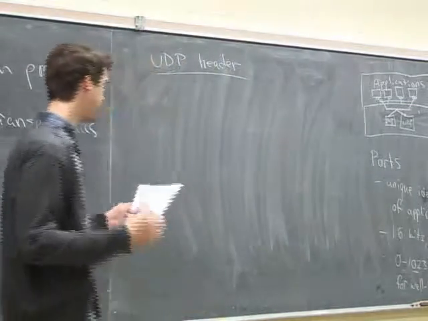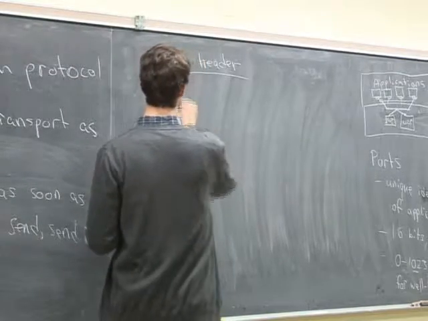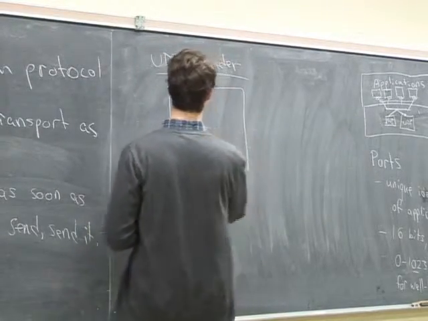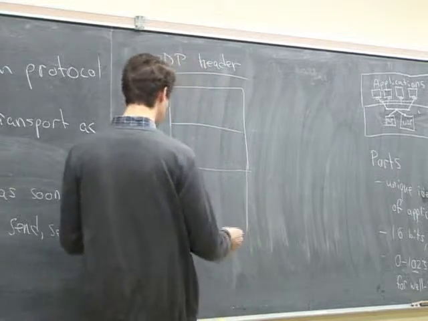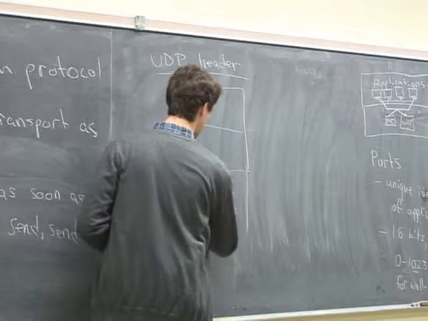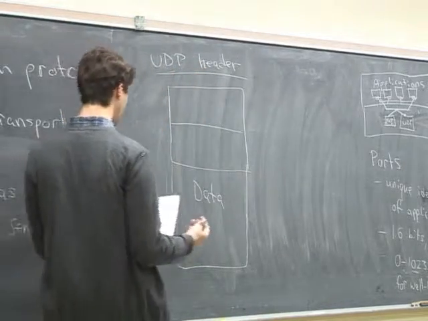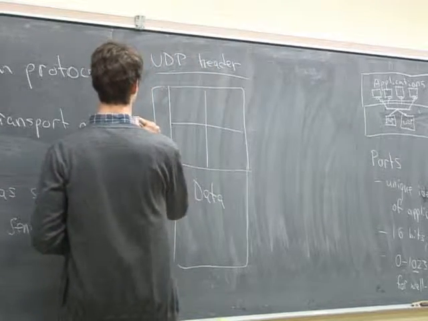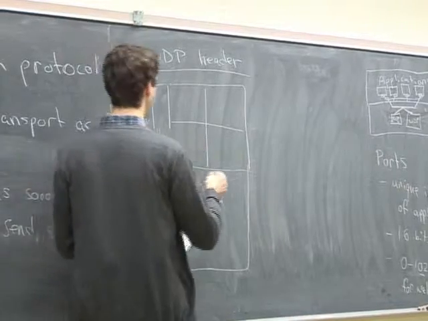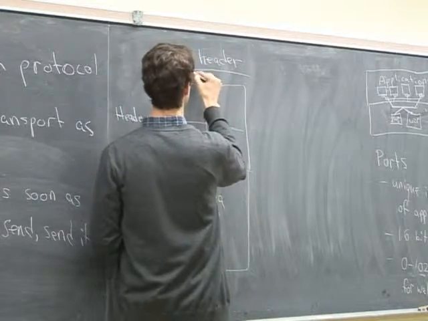It turns out it's absolutely as simple as you can make it. So a UDP segment has a header. Let's try like this. This is the data of the segment. In other words, what it's actually trying to transfer. And then this part is the header. And each of these columns here is 16 bits wide.